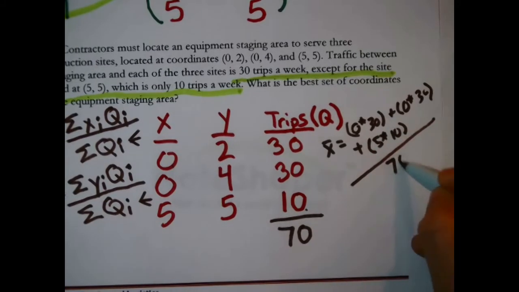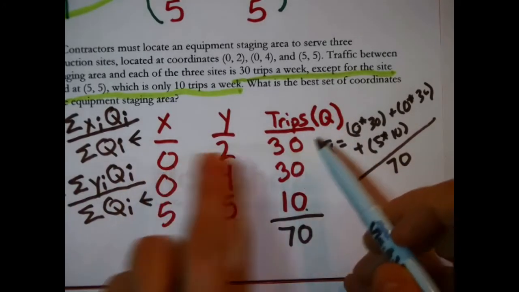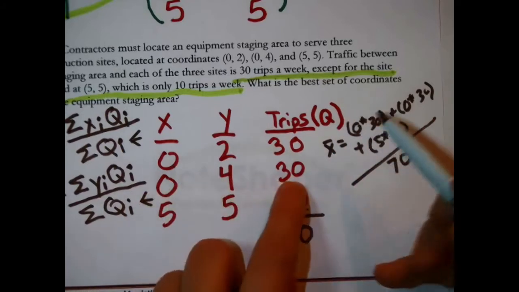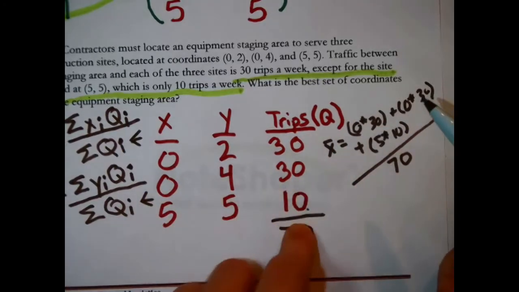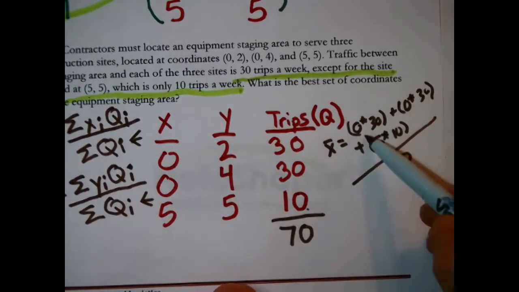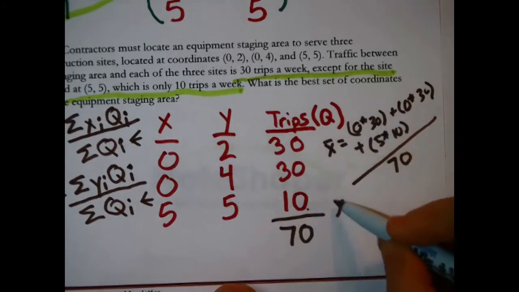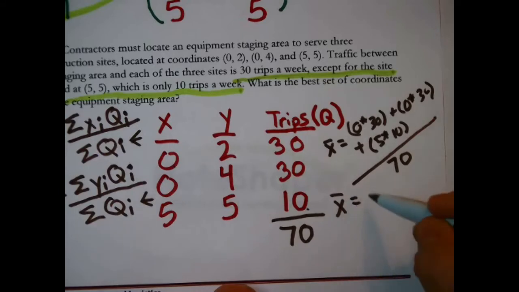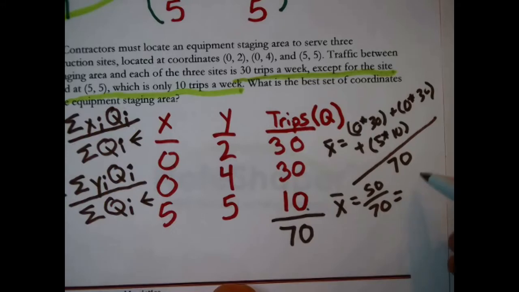All of that has to be divided by 70. What I was doing was pairing up the x-coordinate with the amount, the x-coordinate with the amount, the x-coordinate with the amount. Okay, I added all that up in there. Well, that's 0, that's 0. So this turns out to be 50. So the absolute perfect x-coordinate for our staging area turns out to be 50 divided by 70, which with a little bit of rounding, how about calling that 0.71?